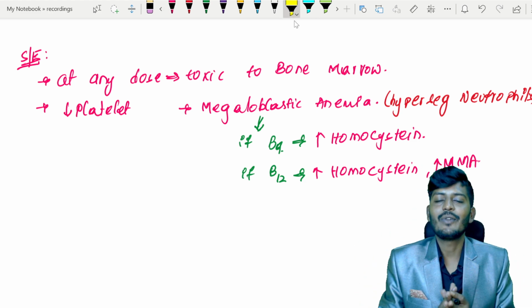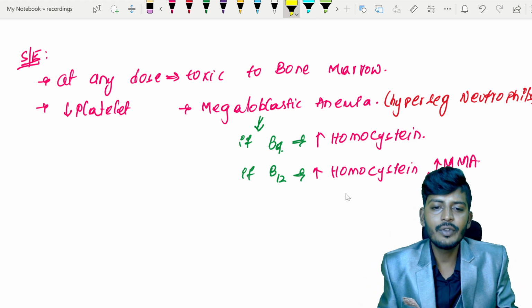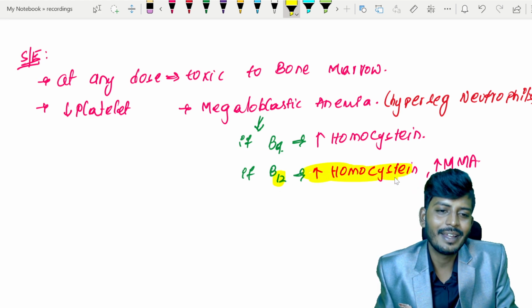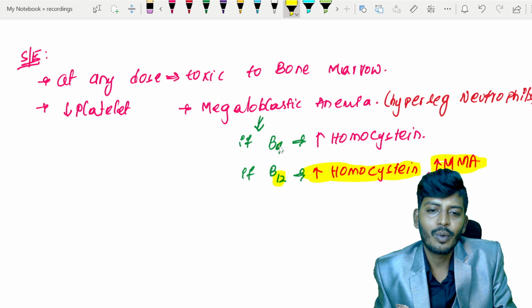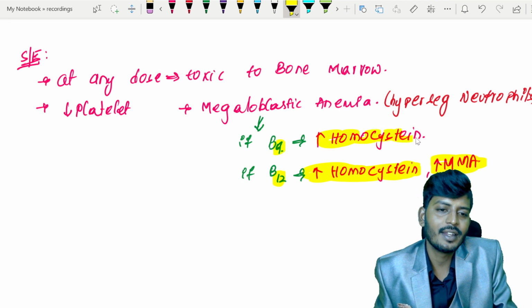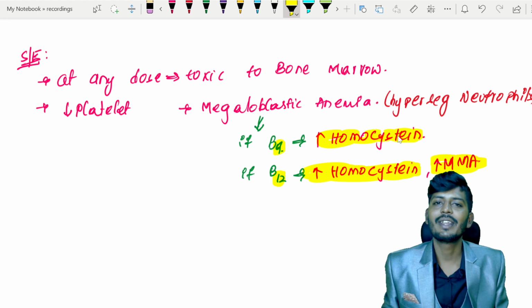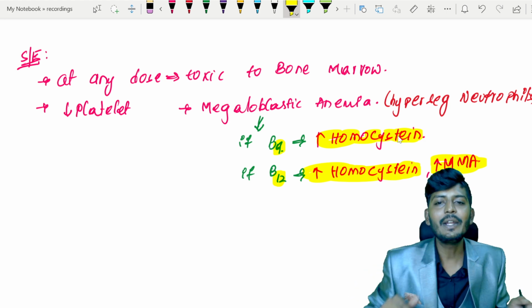So whenever you enter the exam hall, if you are getting confused, here we have two digits, both of them elevated. It's a very tricky thing to remember. So here it is one digit, only one, that is homocysteine is elevated. So homocysteine can be elevated in both your B9 and B12 deficiency.